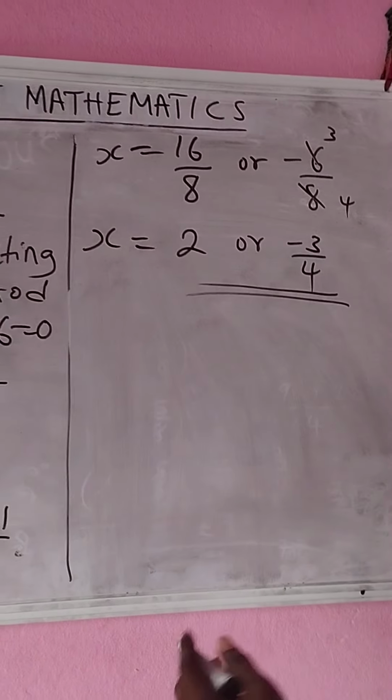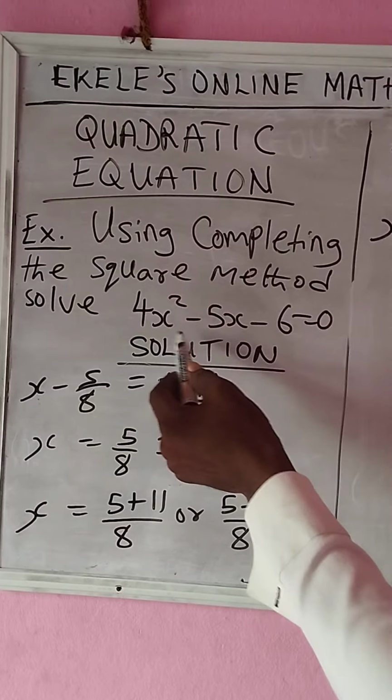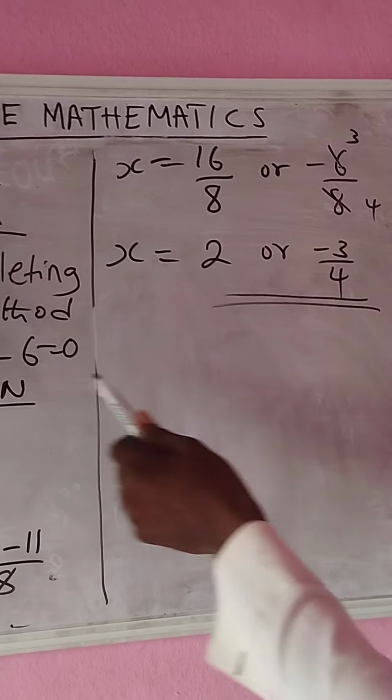So this becomes the final solution to this equation, 4x squared minus 5x minus 6. This is the final answer.